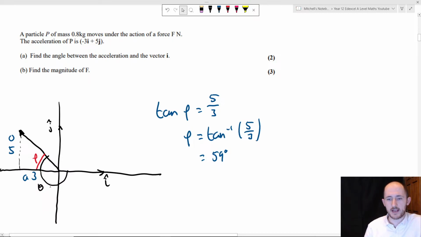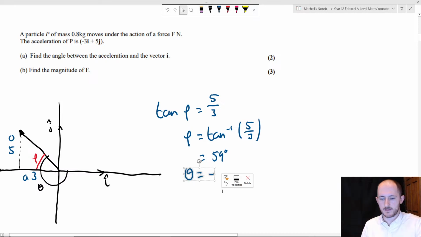And again, because we're actually looking for the angle between the acceleration and the vector i, we're going to add 180 degrees on. And that will be our final answer. Actually, let's write it in black.